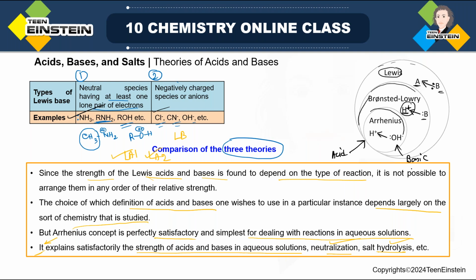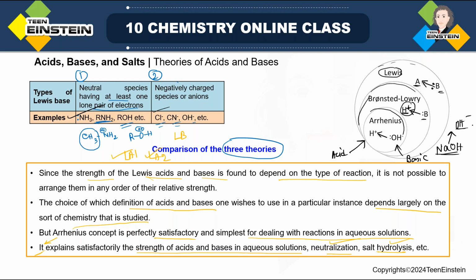We say bases are those which can accept H plus. In the Arrhenius concept, the species that you call a base, suppose NaOH, can generate HO minus. So you can say it is an Arrhenius base, and that is fine. Now this species is generating OH minus, but this OH minus can also accept H plus. So it is also fulfilling the criteria of Bronsted-Lowry theory.